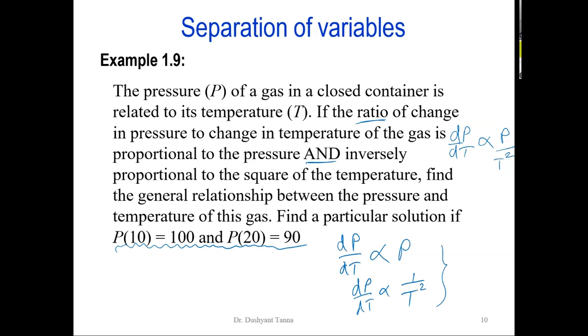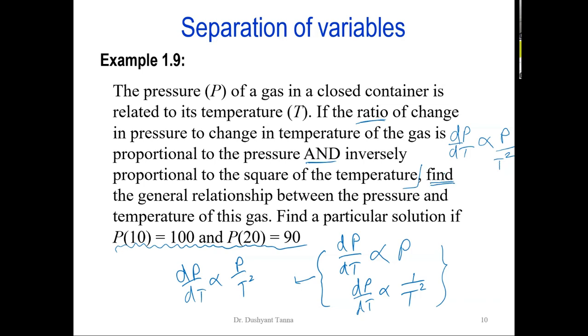Therefore, I can say together that dP over dT is proportional to P over T square. Year 7 math, where you have two separate proportions, you can combine. Proportionate to, not the proportion, not the ratio. That's your part here.